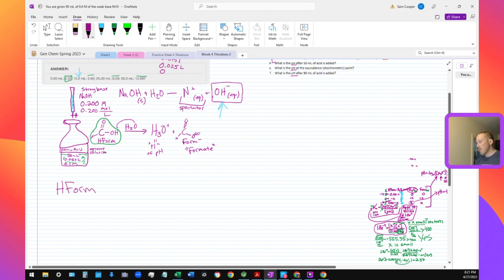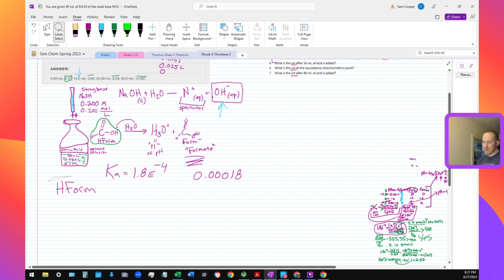Of course, we just calculated that some of the HForm becomes Form minus, but a lot of it doesn't, right? The Ka, again, was 1.8 times 10 to the minus 4th, which is not a big number. That is representative of the ratio of how much of the formic acid actually loses its proton. So a lot doesn't, okay?